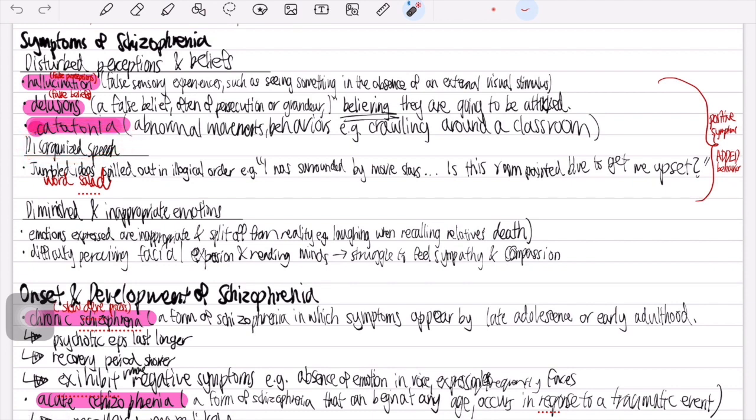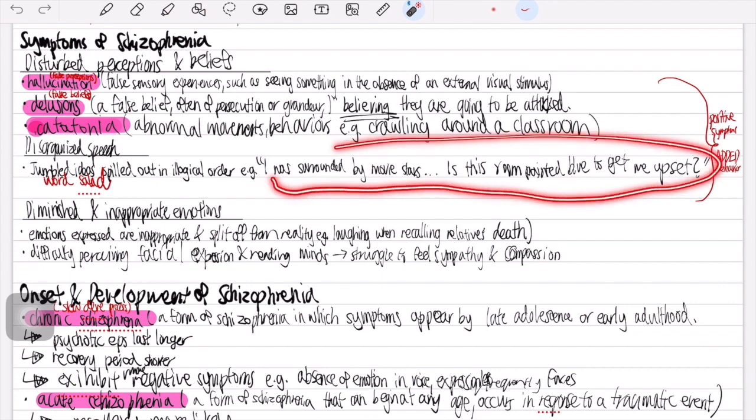And of course, disorganized speech, which is usually called a word salad. So it is basically jumbled ideas spilled out in illogical order. So for example, a patient said that she was surrounded by movie stars, and then she suddenly pointed to the color of the wall and asked if the room was painted blue to get her upset.